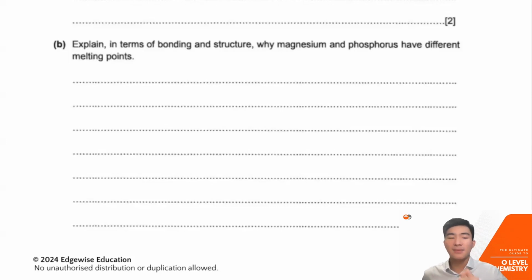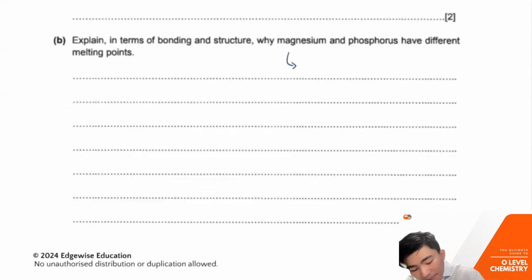Simple molecular structure, SMS. Giant molecular structure, GMS. Ionic, GIL. And metallic, GML. What structure is magnesium? JH says metallic. Giant metallic lattice, Rachel says. Good, fantastic, Dion. So magnesium has a giant metallic lattice structure.